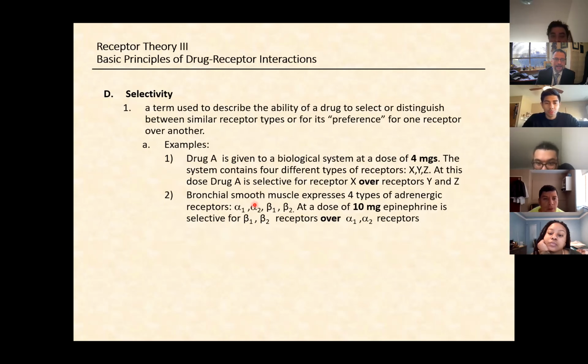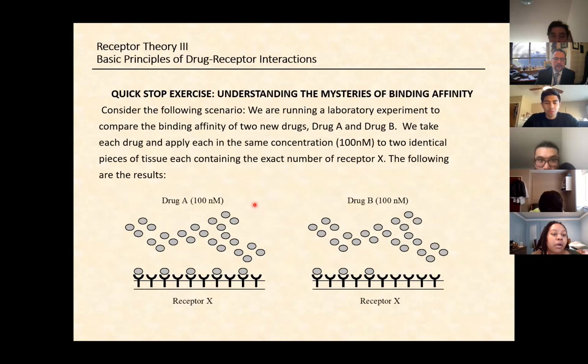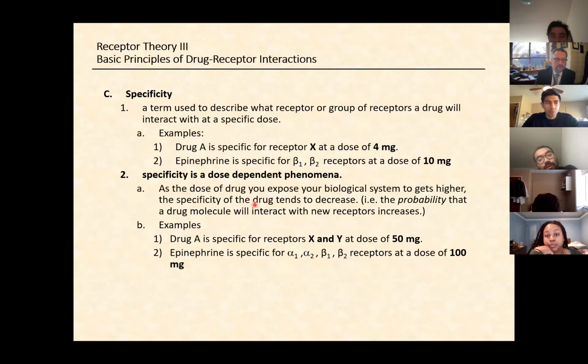All right, let's go back a couple of slides and talk about specificity. Specificity is a term that is used to describe what receptor or group of receptors a drug will actually bind to.